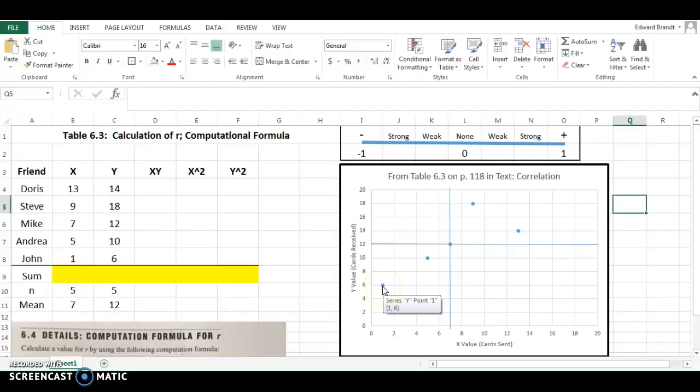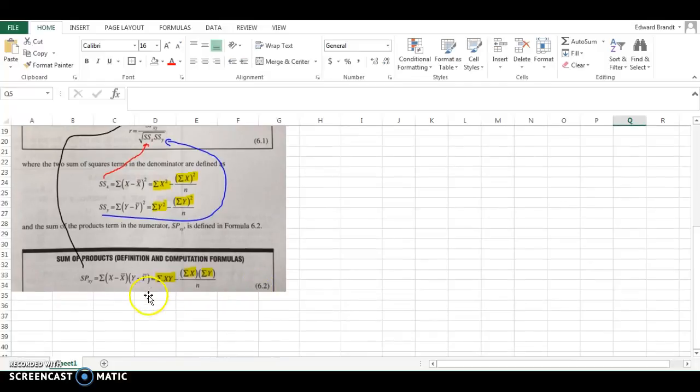This value here, both the x-coordinate, which is 1, is less than the mean, which is a negative, and the y-coordinate is less than the y-mean. I'm sorry, I went the wrong way there. So the y-coordinate is less than the y-mean, and the x-coordinate is less than the x-mean. So both values are negative in this portion of the calculation. And if you multiply a negative times a negative, you get a positive.